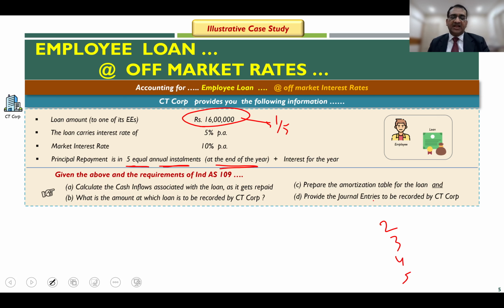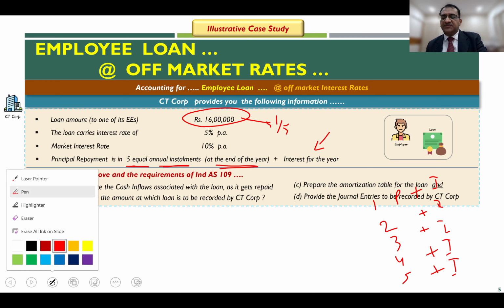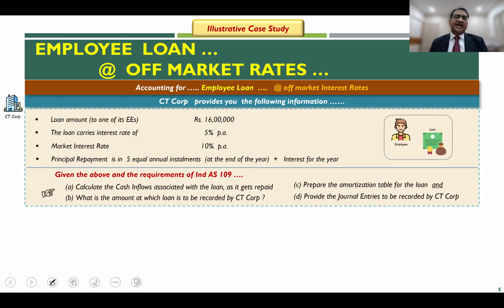Apart from that, each year, not only will you repay the principal representing 1/5, but the interest for that year also needs to be paid. These are the contractual terms of the loan with the employee, and this is the associated cash flow stream of the employee loan.